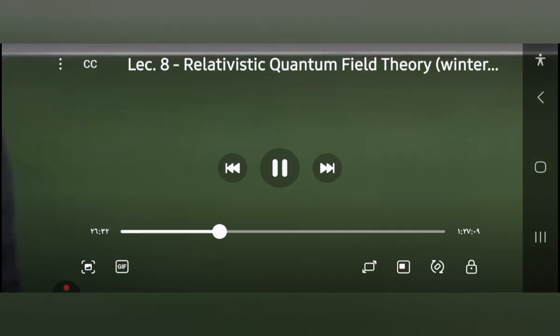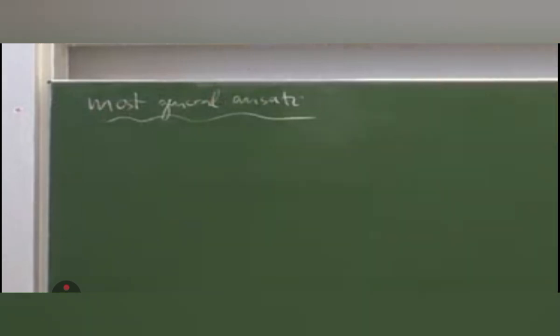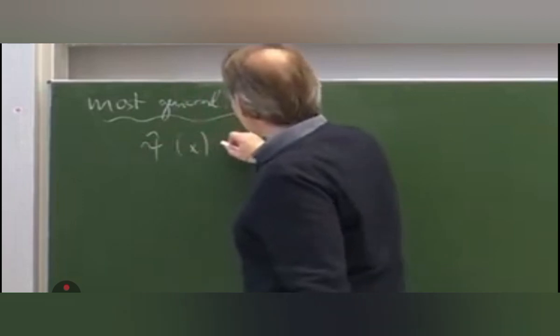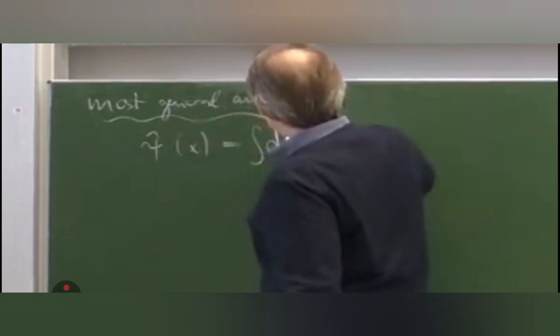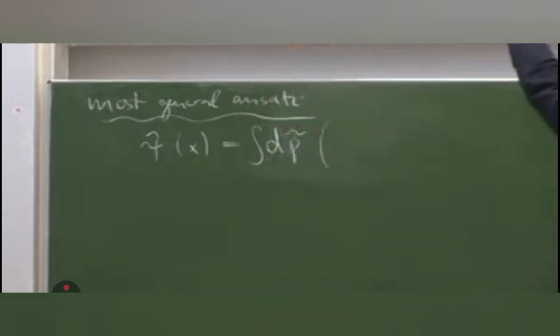So using all these ingredients, we get our most general ansatz, which satisfies not only the Klein-Gordon but also the Dirac equation, is now psi hat of x is equal to the integral d p tilde. And then instead of this a of p, we have now that sum over s.